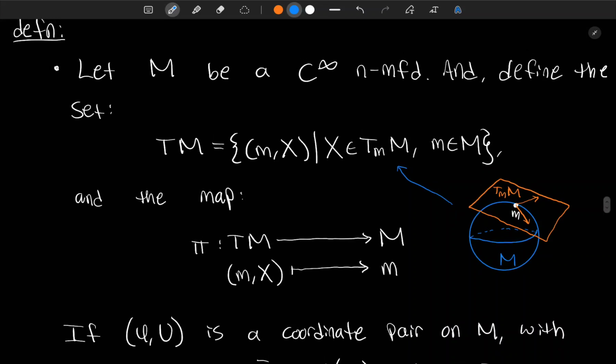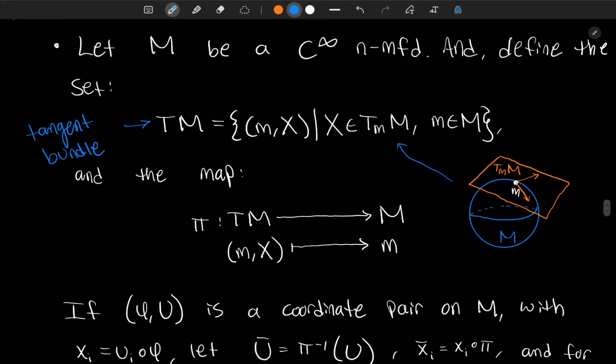And this is actually the tangent bundle. But in order to describe it as the tangent bundle, we need to have maps as well. So we need to have some differentiable structure. And below, I'll be defining that differentiable structure, just for completeness.